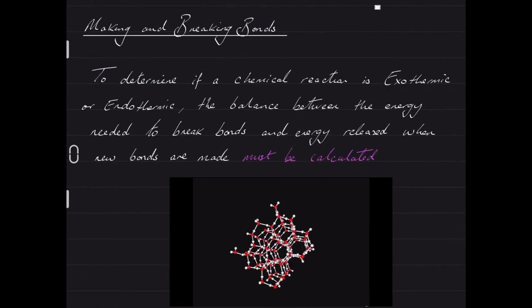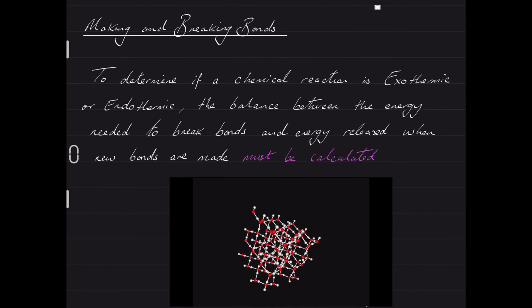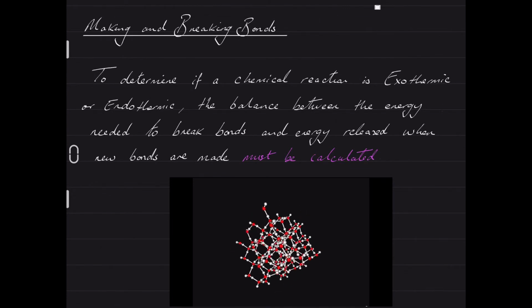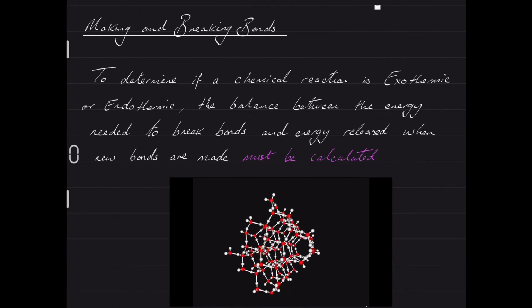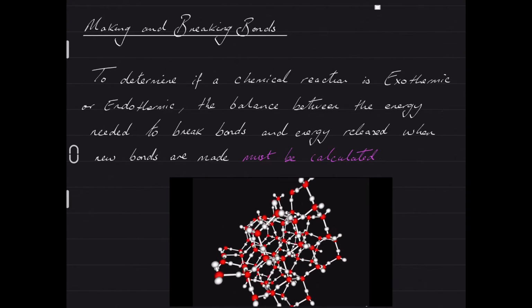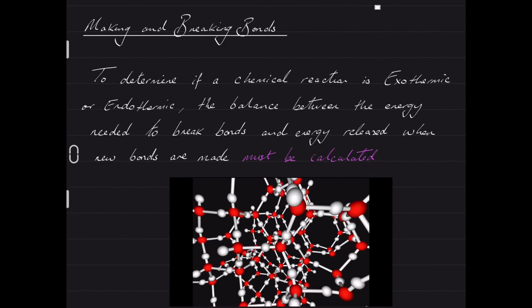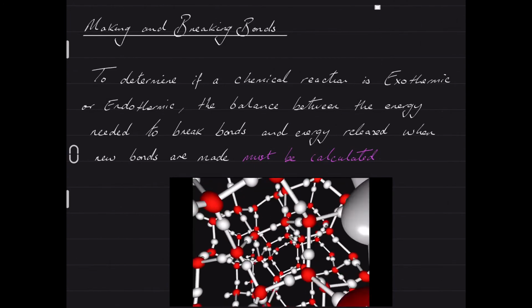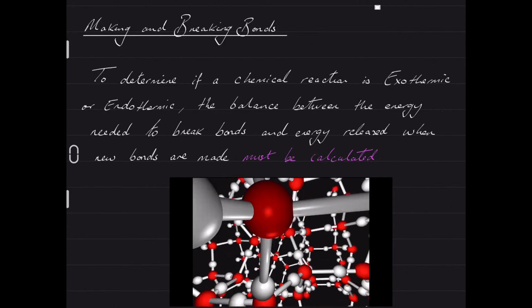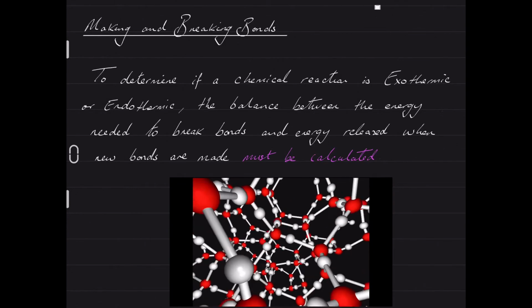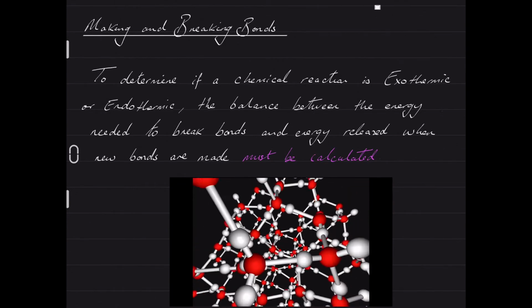When we are determining if a reaction is exothermic or endothermic, we are essentially looking at the formation or the breaking of bonds. And it's a combination of making and breaking bonds that give us the overall energy change in a reaction.